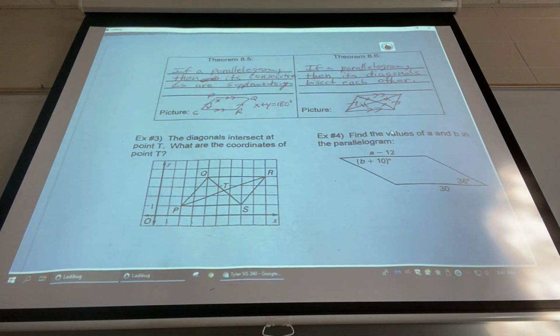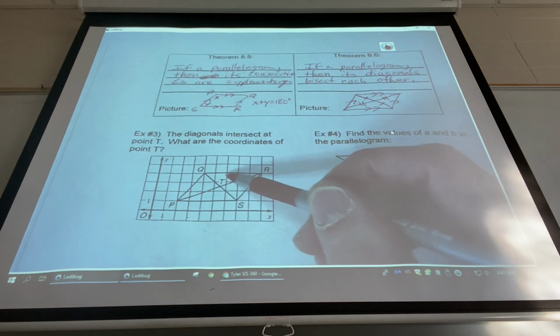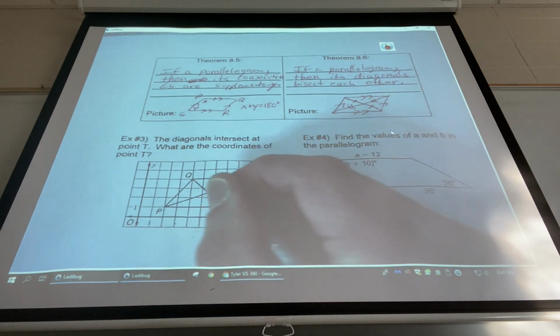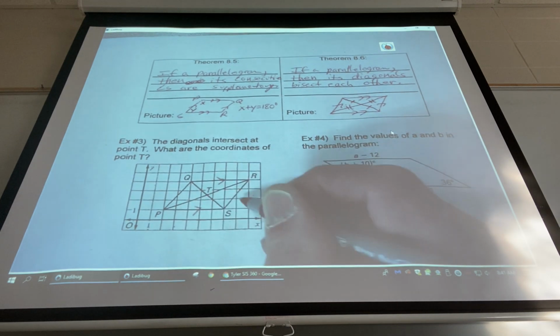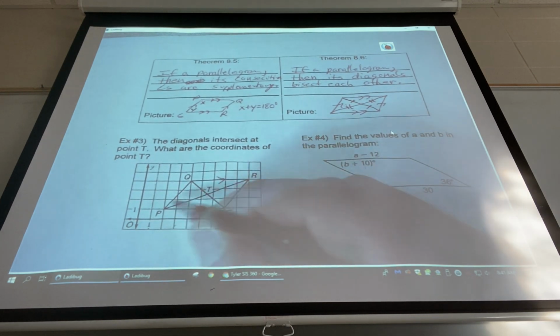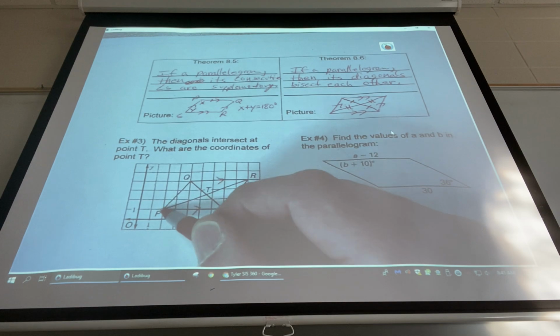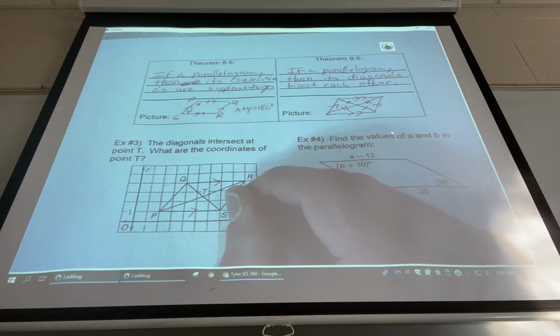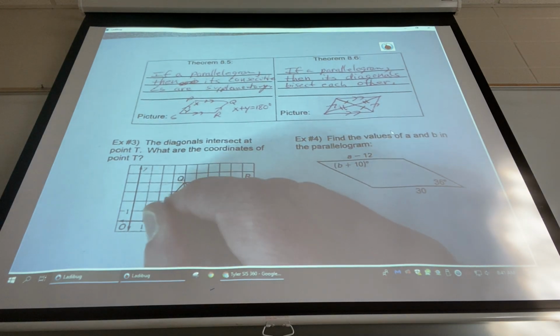How can we know for sure? Are these two sides parallel? They're both horizontal, so yes. What about these two? They have the same slope, 3/2, so they're parallel as well.